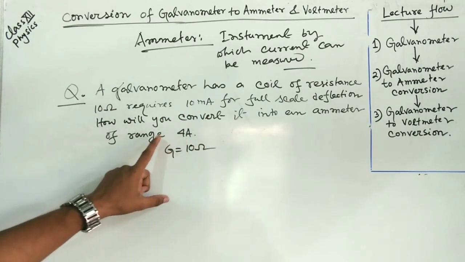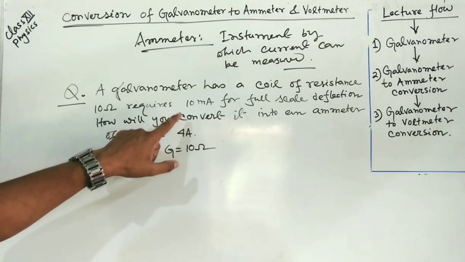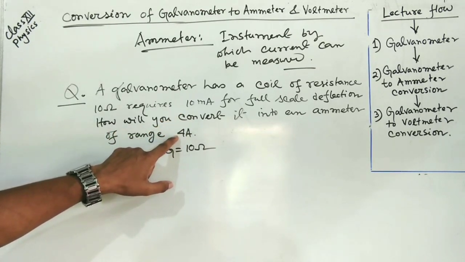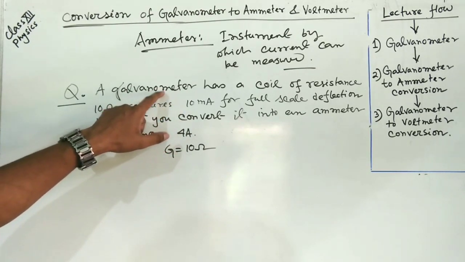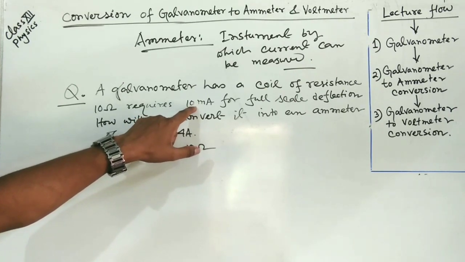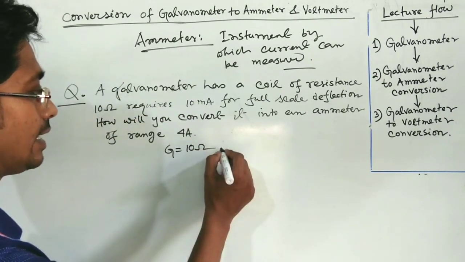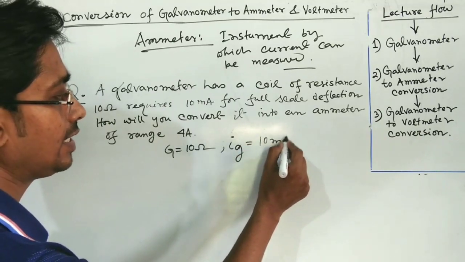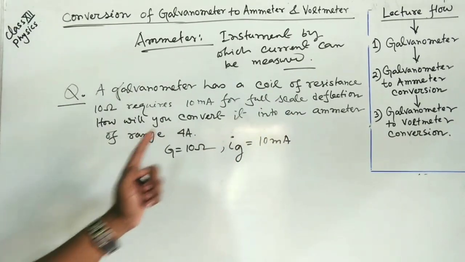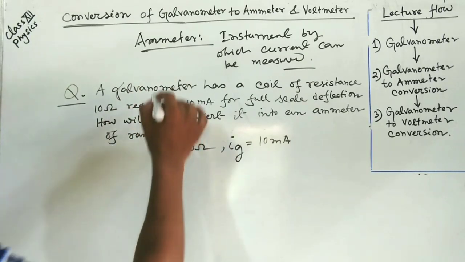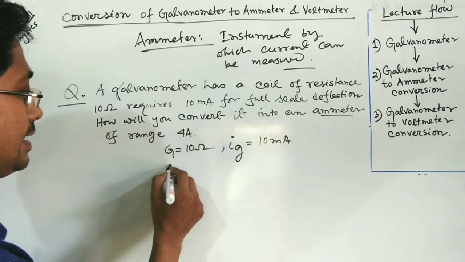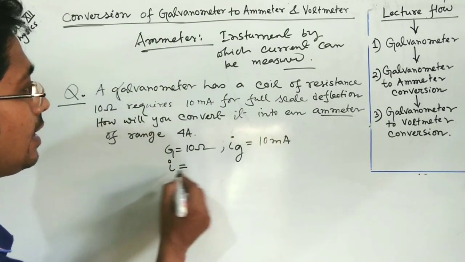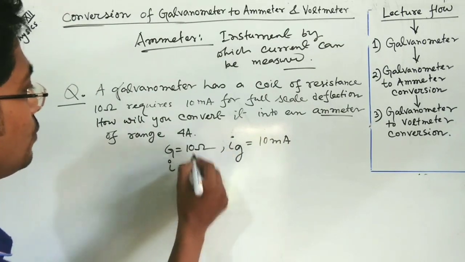You have to measure 4 ampere with this galvanometer, which can only measure a maximum of 10 milliampere. So the maximum current Ig is 10 milliampere, and you have to convert this galvanometer into an ammeter for a current of 4 ampere.